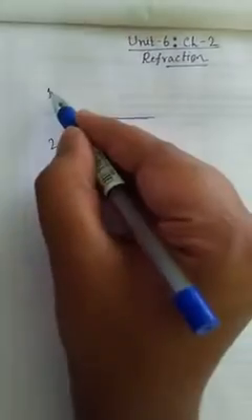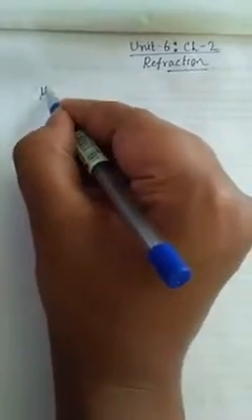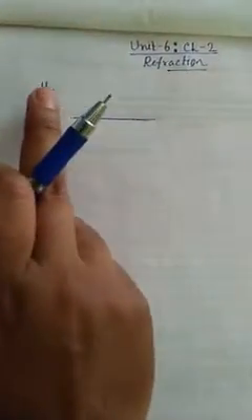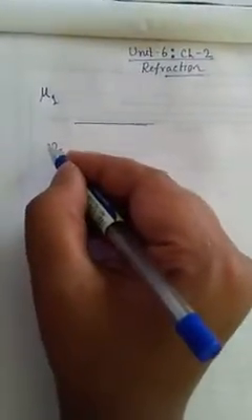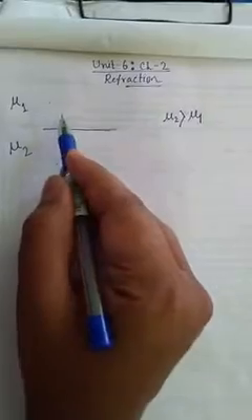Let's say the refractive index of medium 1 is mu1. I'm not giving a detailed conception about the refractive index because it is already from the previous classes, from class 10. And this is another one with refractive index mu2, and we are taking mu2 is greater than mu1. That means mu2 is the denser medium, ghano madhyam, and mu1 is the rarer medium, laghu madhyam.